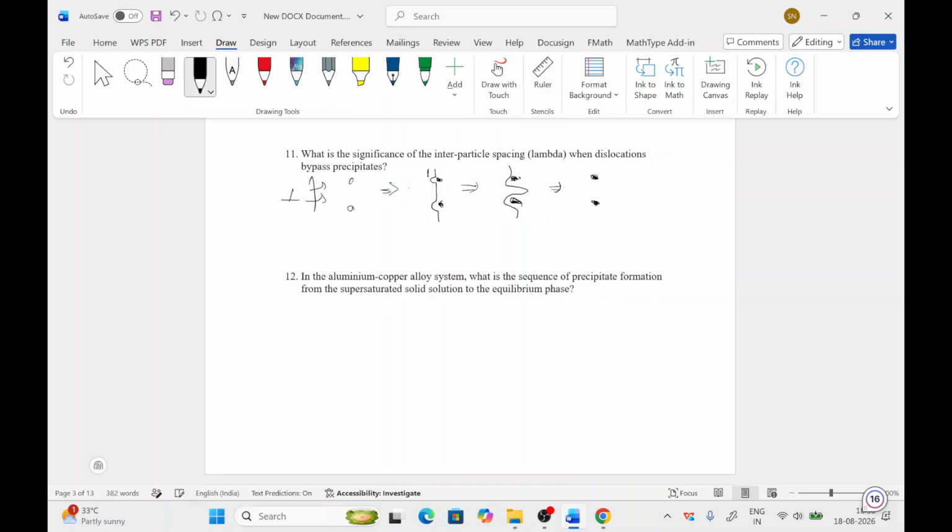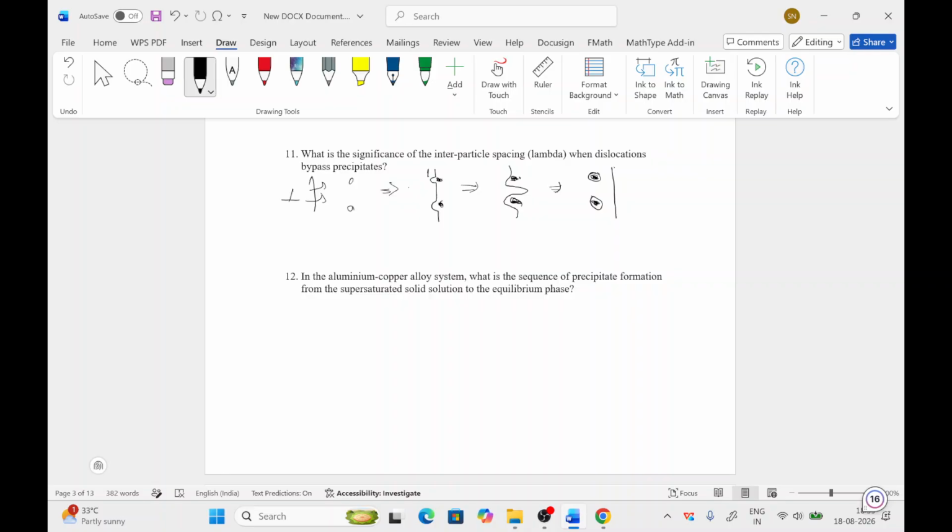As it passes these coarser precipitates, it leaves a dislocation loop around the particles. This dislocation loop further inhibits the dislocation motion.